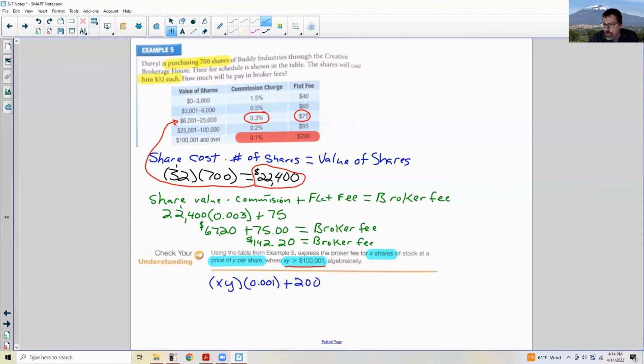So when I fix this up, it would be 0.001 XY plus 200. And there is the algebraic expression for the broker fee.